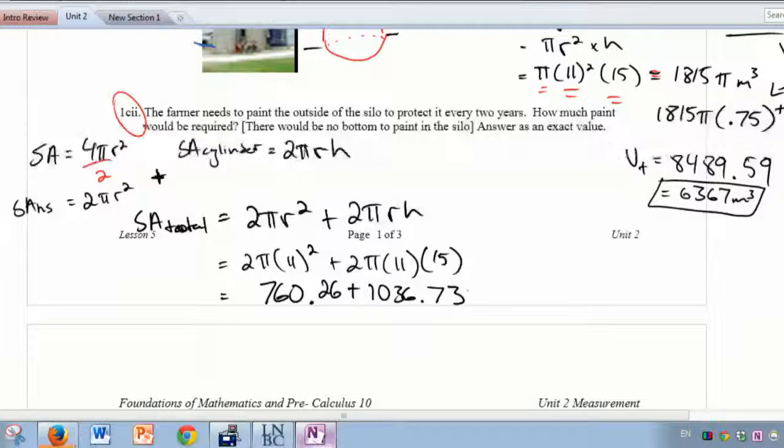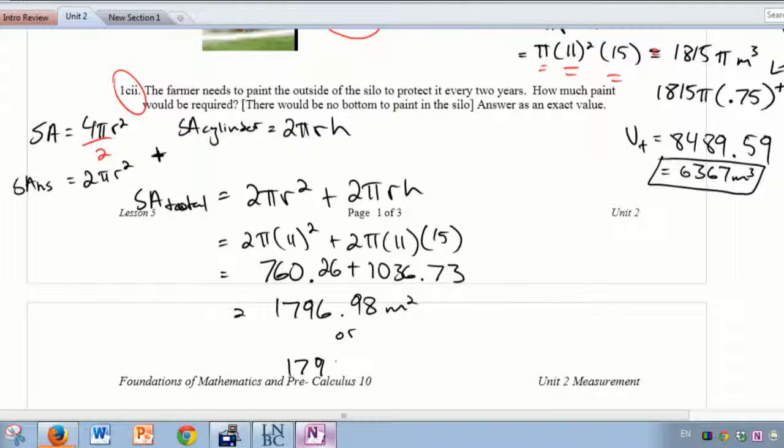I'll add them together and end up with 1,796.98, or we'll just go 97 to the nearest meter.